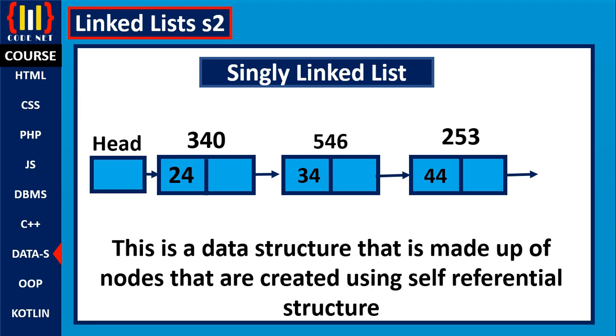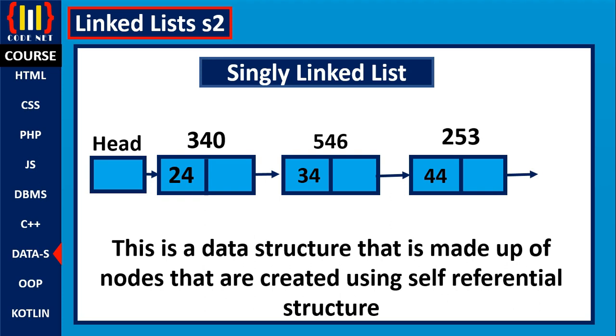So in defining a singly linked list, we can define it as simply a data structure that is made up of nodes, and of course those nodes are created using a self-referential structure. Like you can tell from our structure here, this is a singly linked list.